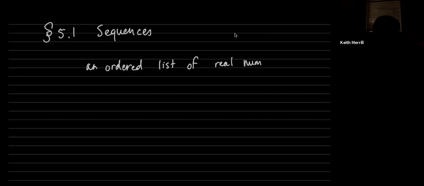And we will generally, but not always, assume that that ordered list is indeed infinite. But this doesn't actually need to be part of the definition. If you want to be pedantic, you can call this an infinite sequence. And I think that's actually what your book does, which is fine.